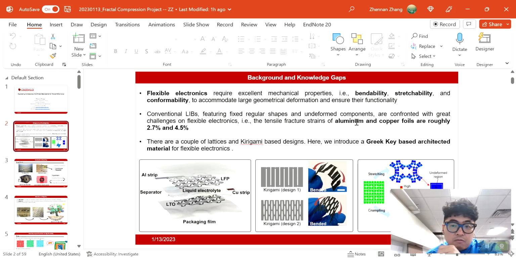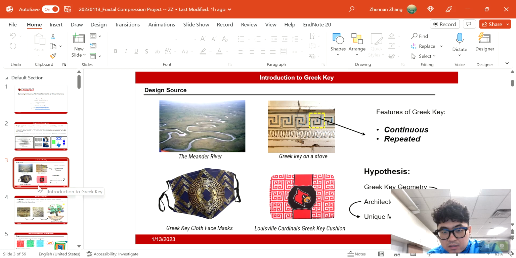So in this study, we use a kind of Greek key based architecture materials. So what is Greek key? Greek key is our design source, and it's a kind of Asian art. It has two features: continuous and repeated. So it can be regarded as a kind of lattice structure.